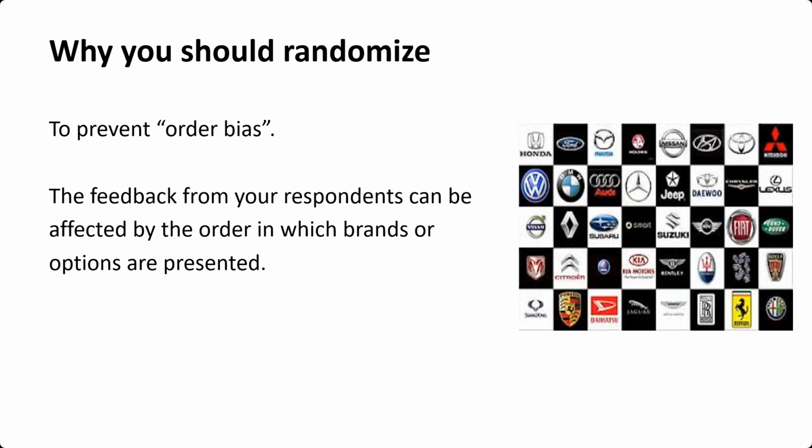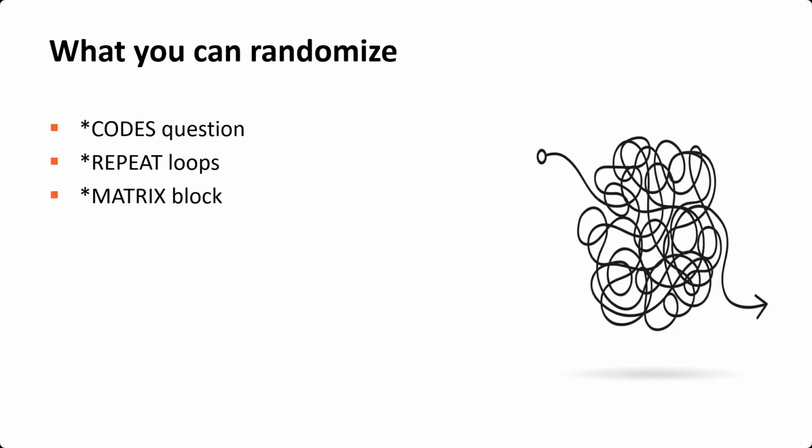The way to combat that is by making sure that no one sees the same order. So you randomize the order, so you know for sure that each order has an equal chance of being shown. So that's the reason why we randomize.